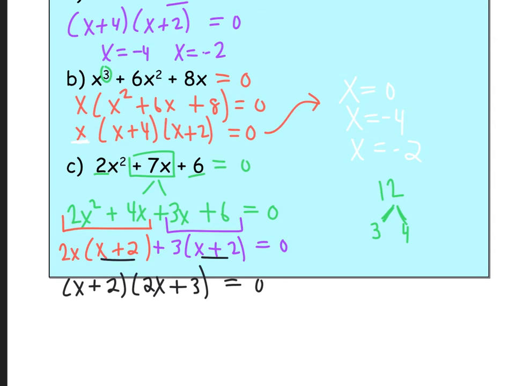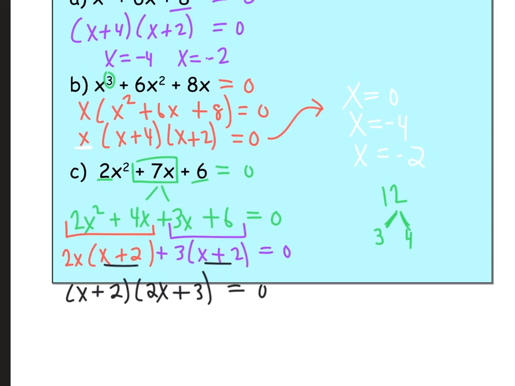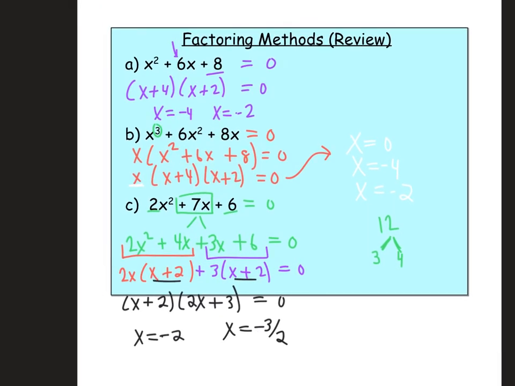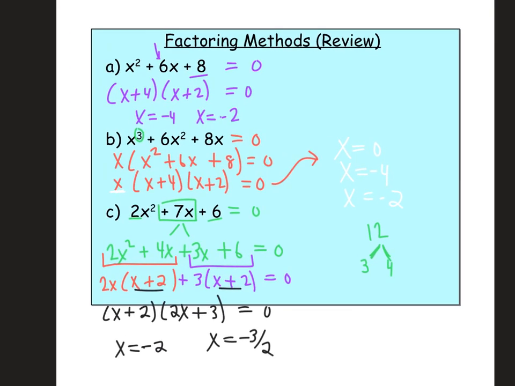Then we can set those each equal to 0 and get our final solutions of x equals -2, and setting the other one equal to 0, when you subtract the 3 and then divide by 2, you get -3/2. So again, we used factoring to solve equations, and you can do that with some polynomials. As the degrees get higher, third degree, fourth degree, they definitely get a little more involved, but some of these methods definitely still apply.